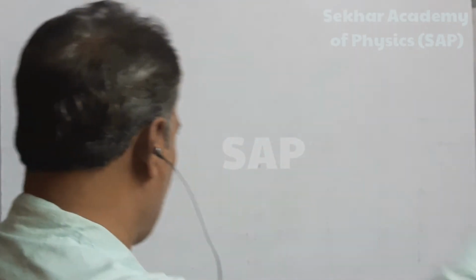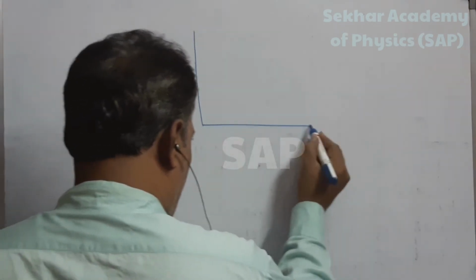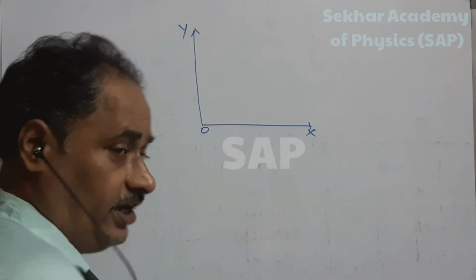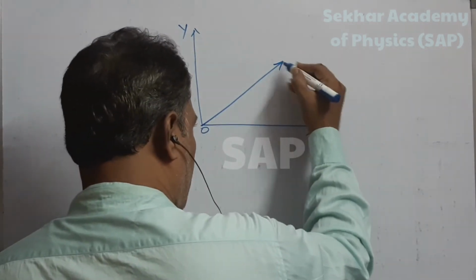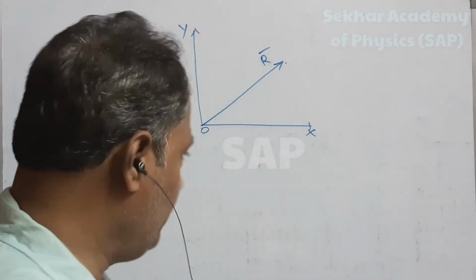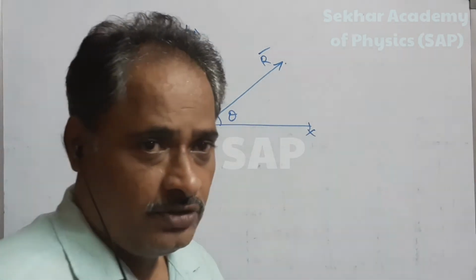Let me give a short introduction of resolution of a vector. Let it be coordinate axes OX and OY. I want to consider one vector, let it be r bar, which makes theta inclination with the x axis.